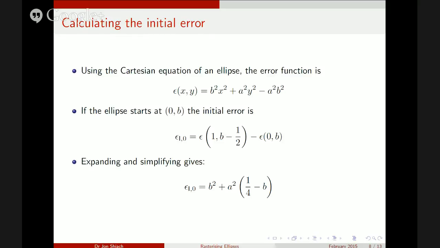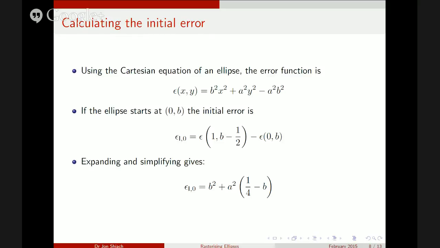This is our error function, so this is the Cartesian equation of an ellipse. If I subtract a squared times b squared from both sides, I get some error function. This is a function of x and y, and that will allow me to calculate how far away I am from the ellipse. What we need is the initial error, the error at the 12 o'clock position, and you take that away from the error at the midpoint between the next two pixels.